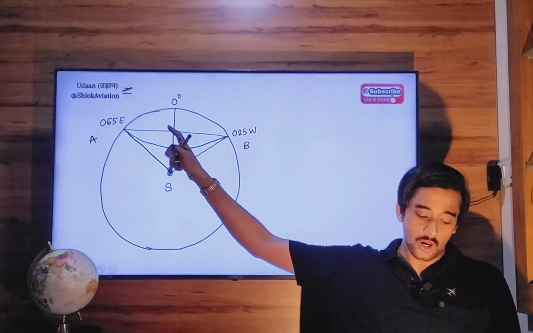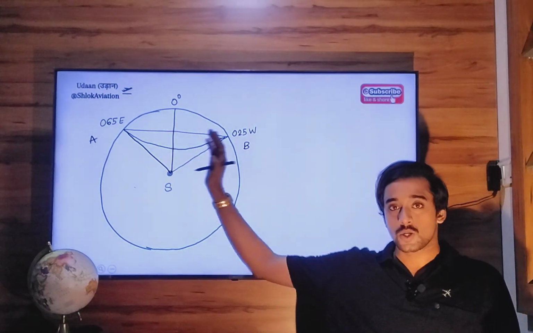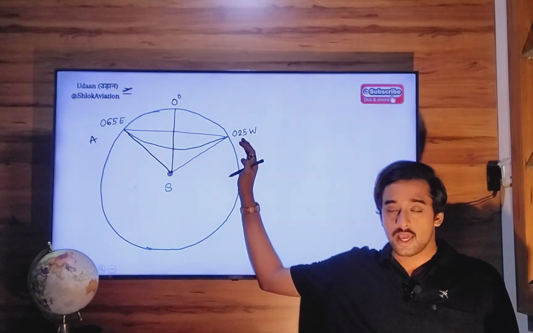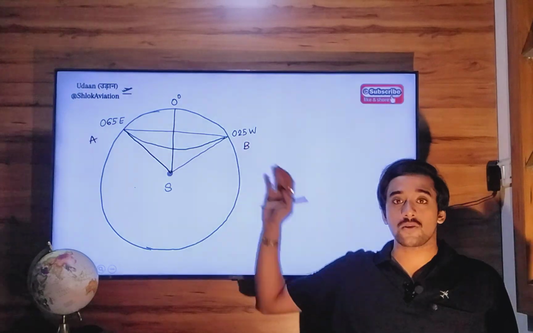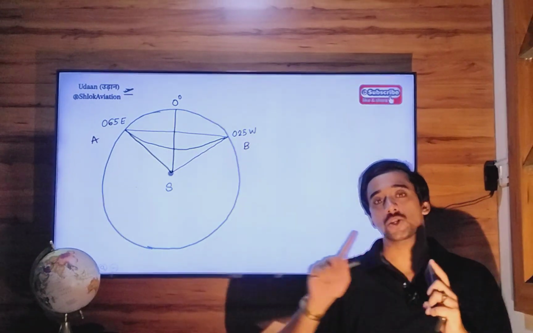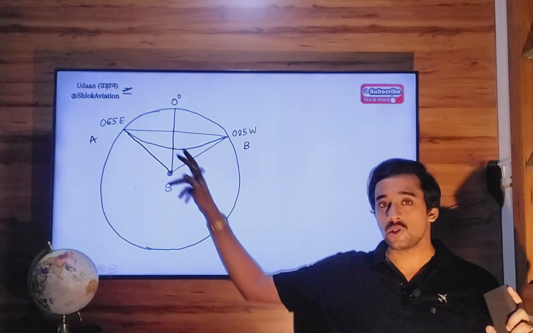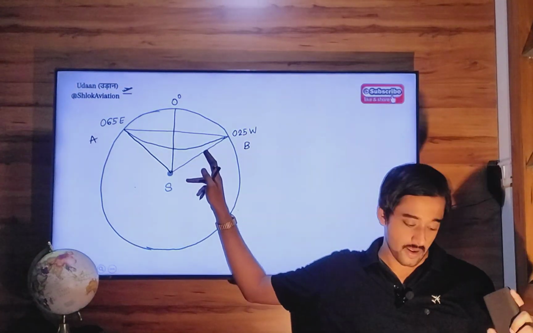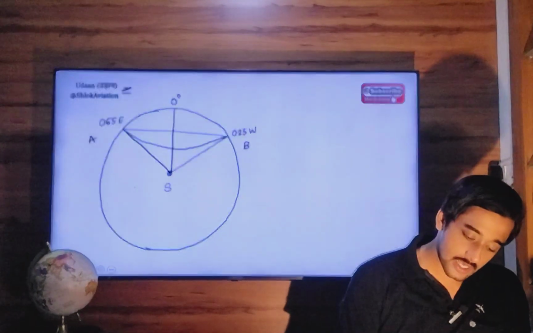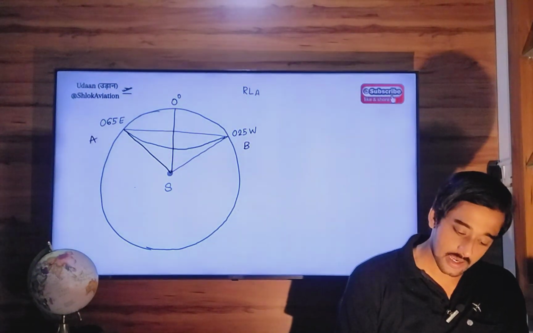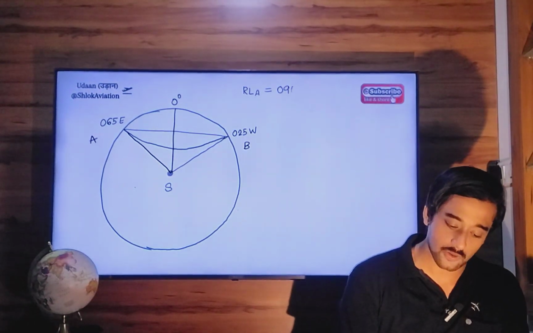Now you are going from the eastern location to the western location, right? So when you're traveling from east to west, you will be flying a direction of 270 since both locations are on the same latitude. Okay, so rhumb line track at point A is equal to 270.